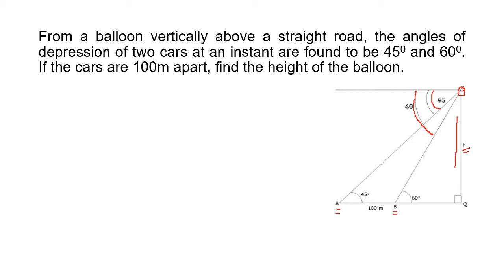So this is 45 degree for car A and 60 degree for car B. This is 45 degree because of alternate angles, and this is 60 degree. These two cars are 100 meter apart. We have to find the height of the balloon.